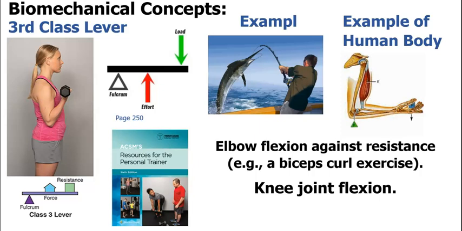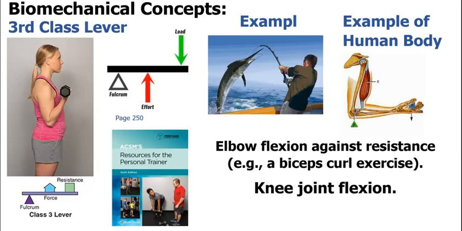For example, during the bicep curl, the weight is in the client's hand, and the biceps are contracting and pulling on their insertion at the radial tuberosity, causing rotation about the elbow. Most muscles in the body are third class levers, and therefore they perform movements at a mechanical disadvantage.